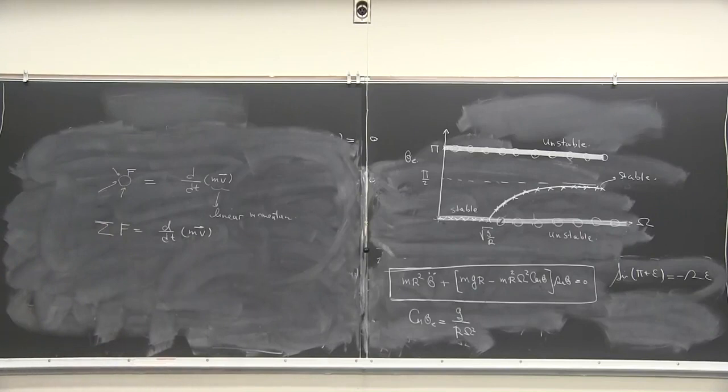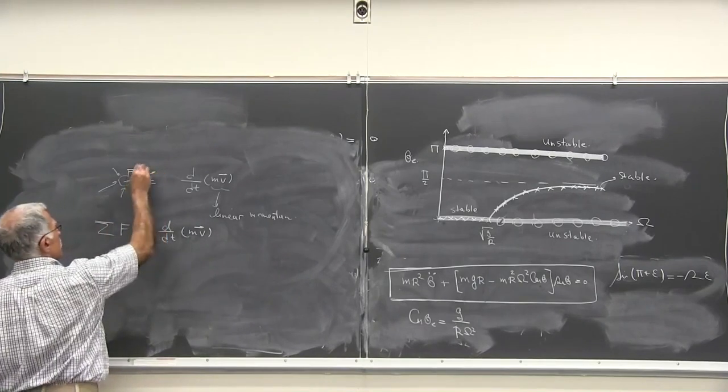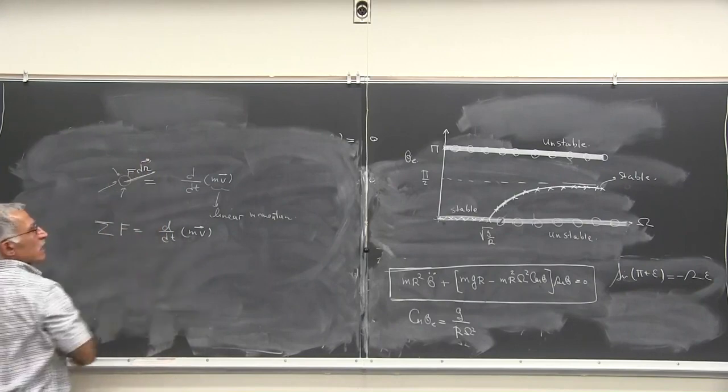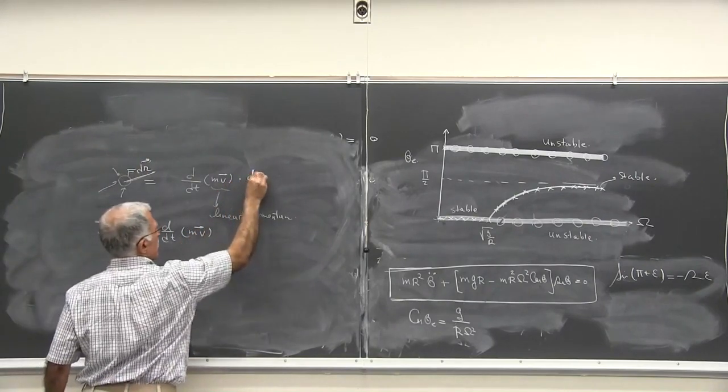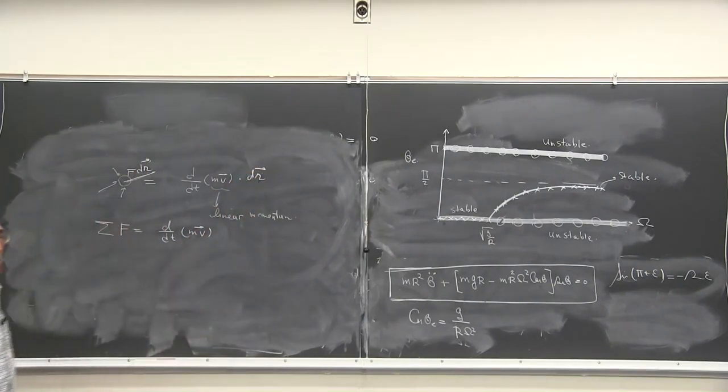Now, if you multiply both sides of this equation by dr, so if this one displaces dr, and you also displace this one dr, it is not a different equation. You think that you are getting a different equation, but it's really from F equals ma.